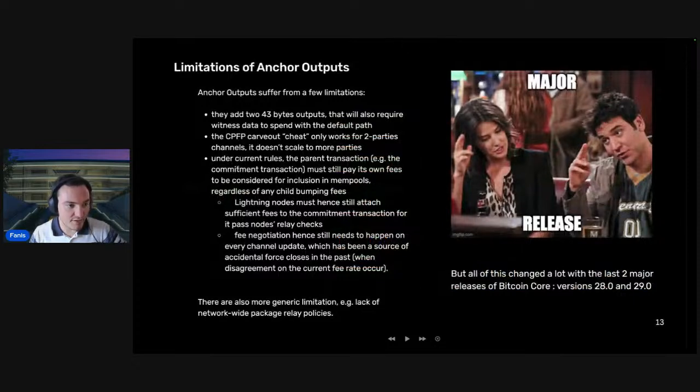Another limitation is that under the current rules, and this one is more linked to RBF, the parent transaction, so here the commitment transaction, must pay its own fees in order to be relayed on the network. So in order to be standard, the commitment transaction still needs to pay some fees, and it cannot rely exclusively on the fees that are brought by the child transaction.